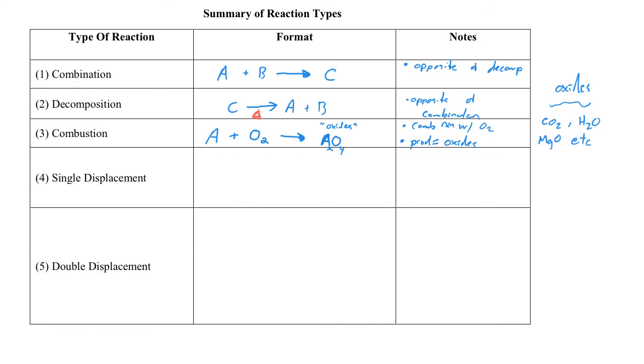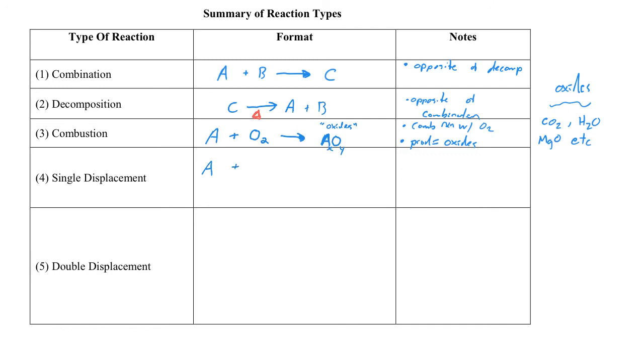Now let's move on to some of the special reactions that we learned about. Single displacement and double displacement. Now, single displacement is pretty straightforward as far as what we're usually seeing. We're usually seeing something like A, which is very frequently a solid, but not always.